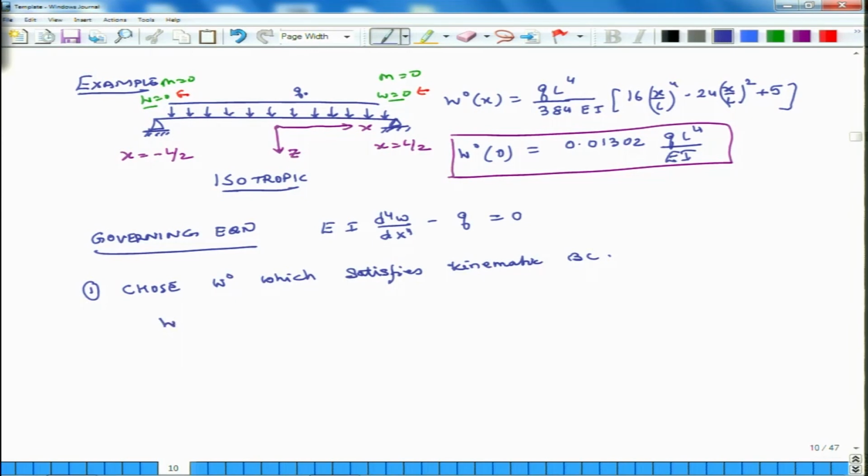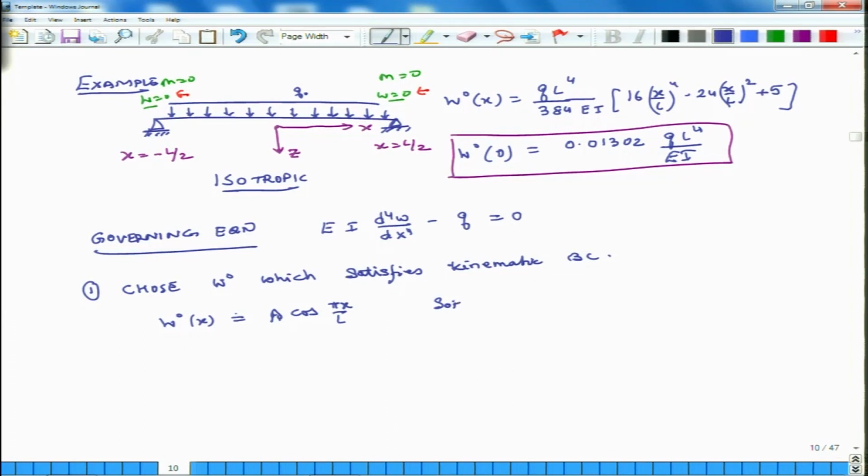So we guess, we say that W as a function of x is equal to A cosine pi x over L. Okay. So A is unknown. At x is equal to L over 2, it is cosine pi over 2, so it is 0, and at x is equal to minus L over 2, again it is cosine of minus pi over 2, it is 0.